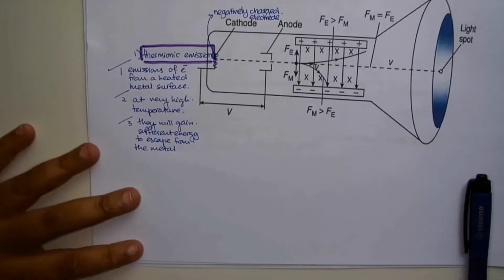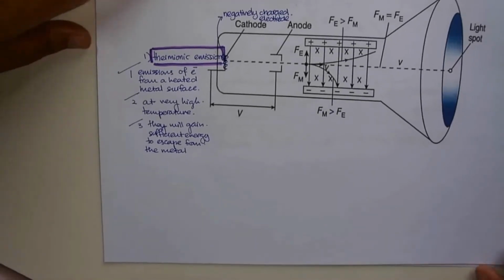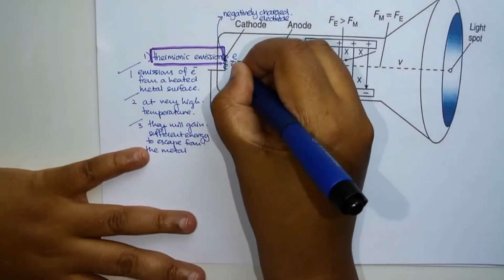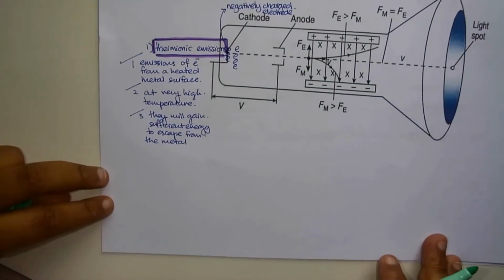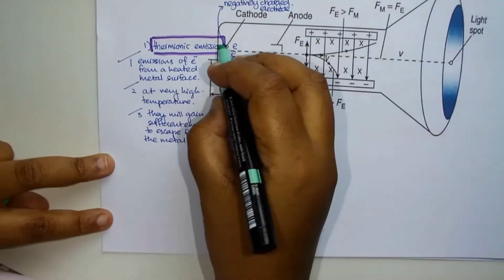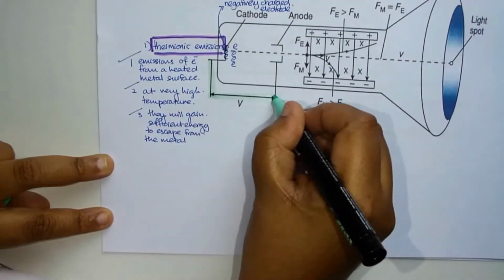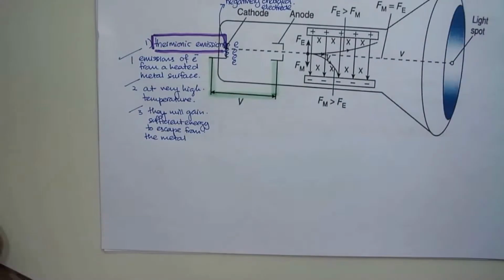Next, the electrons are already emitted here. And you realize here now, the cathode is also connected to the anode by a very high voltage supply.